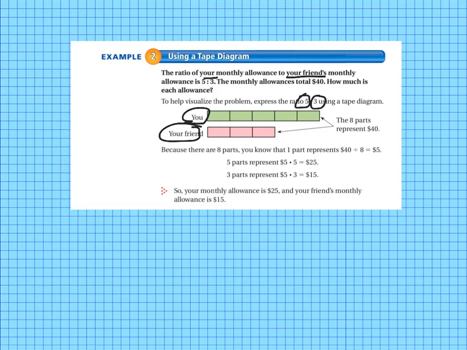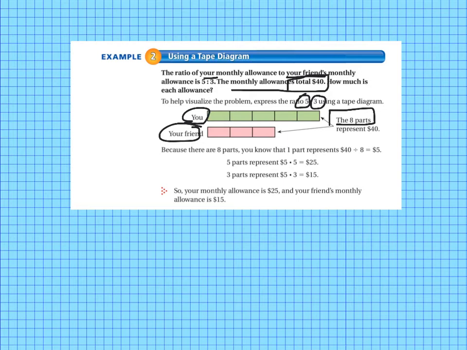So you came first in that sentence, so that means that you come first in the ratio. So you have 5 boxes, your friend has 3 boxes, and there are a total of 8 boxes. So the 8 parts represent $40 because it says the monthly allowances total $40.